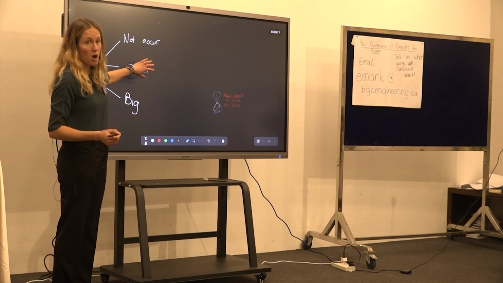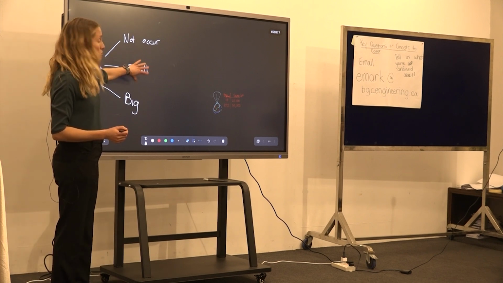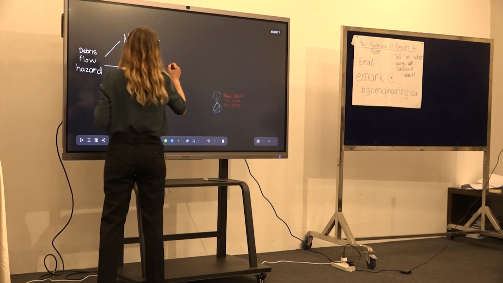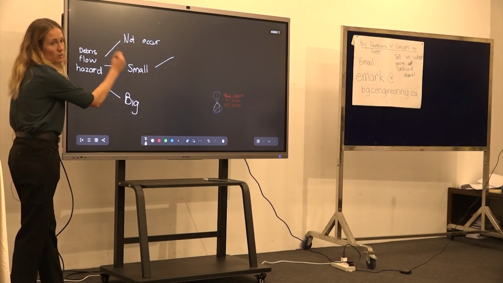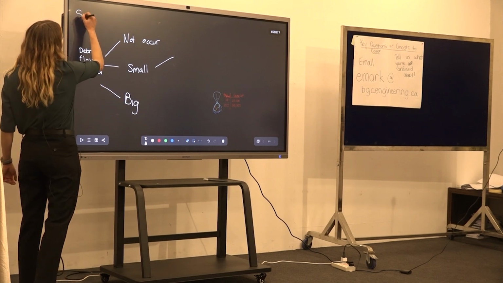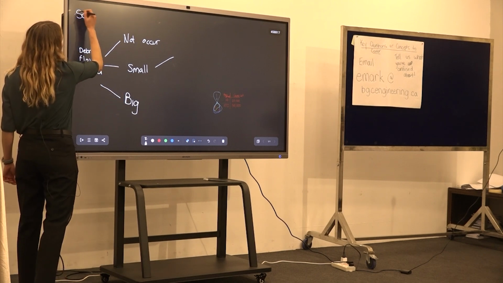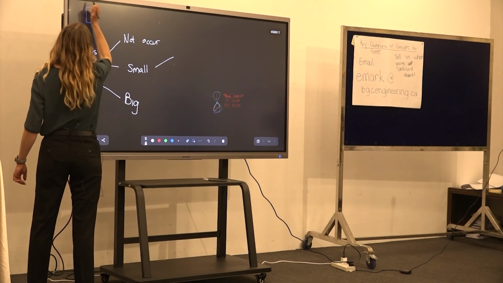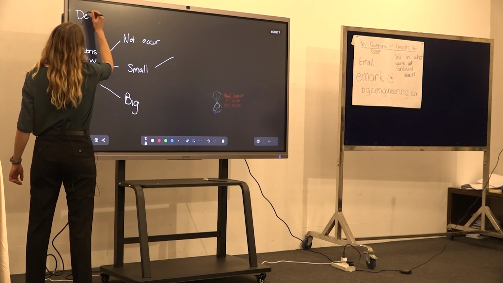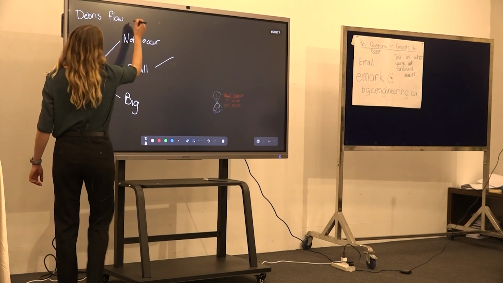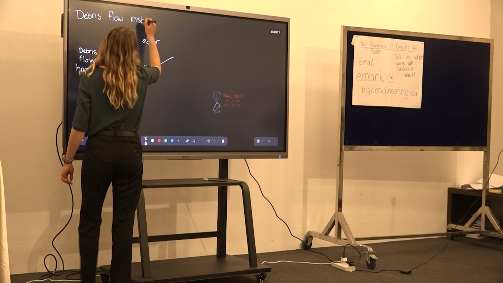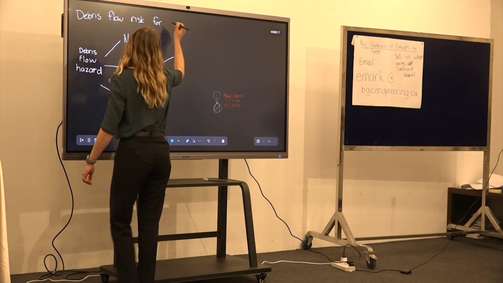Now if we take this small branch, we're going to work through this event tree for the school. So this is debris flow risk for school.